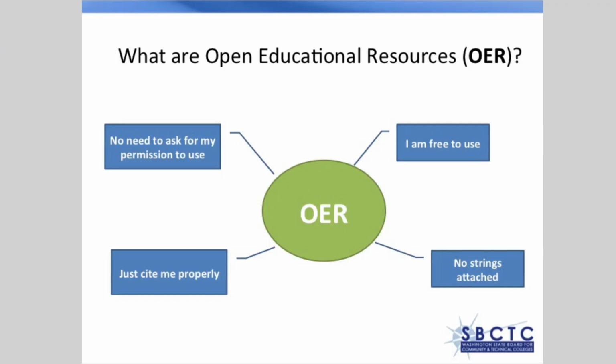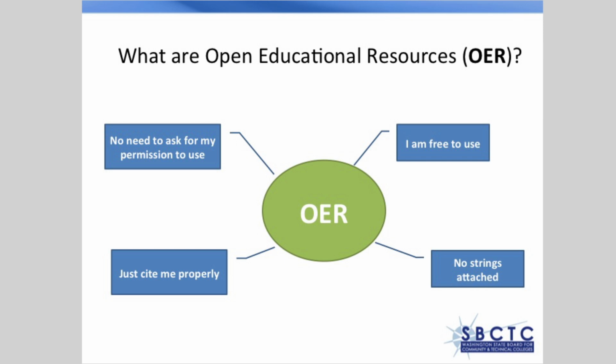And so I thought, wouldn't it be really nice if the resource somehow said, I'm free to use, no strings attached, just cite me properly, do whatever you like. That would be beautiful. OER is the answer to that kind of need. Open educational resources are resources, online or offline, that are freely available to anyone in the world.